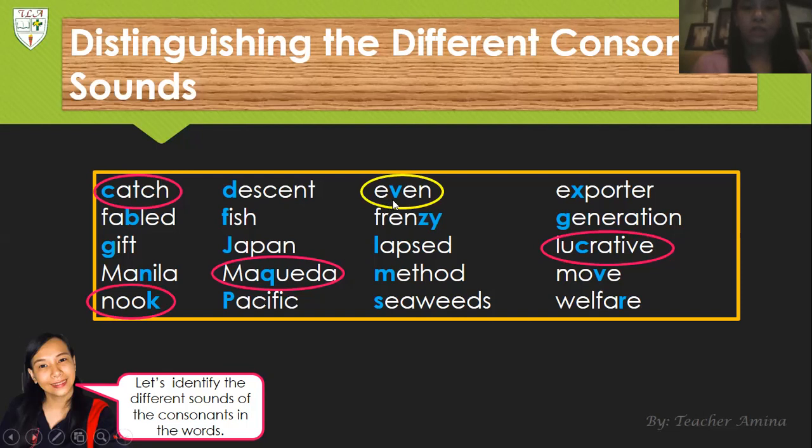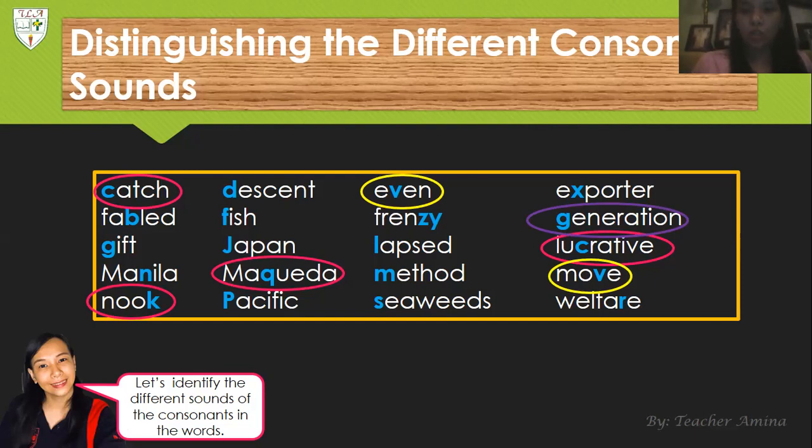Okay, what about even? Even has the highlighted letter B, which has the B sound. So we have even and move. And generation. Okay, so for the word generation, our highlighted letter is the letter G, which has the G sound, but in this word, it has the J sound.